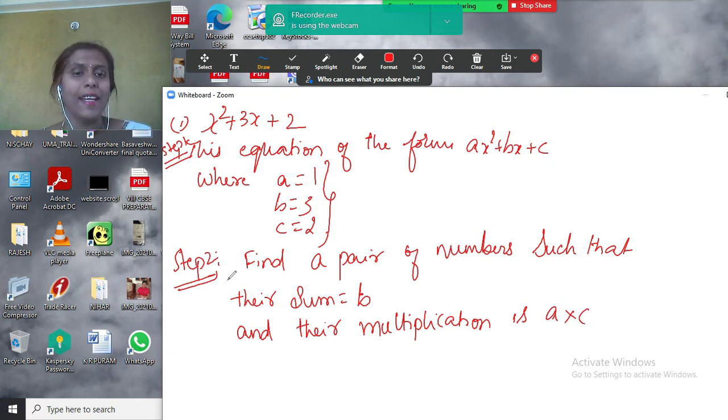Now, can I take such a pair of numbers as m comma n? If it's tedious for you, you can leave off m and n. Otherwise, just make it m comma n.